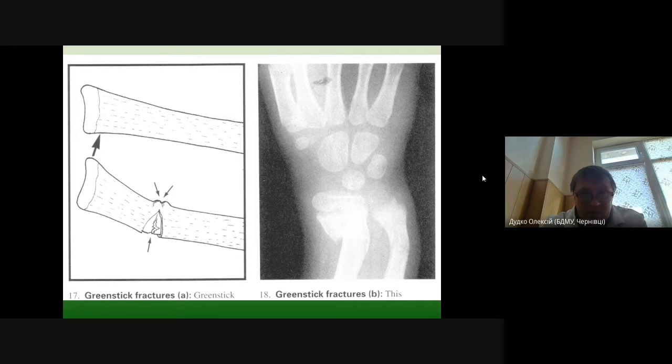And for these scenes, you should know that there's acceptable displacement that you can keep on, and there's non-acceptable displacement. That's non-acceptable means that if it will heal, it will be wrong position, malunion, and later the function of this part of the body will be impaired. That's why you should correct it to improve further outcome.